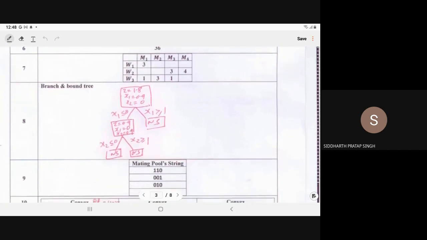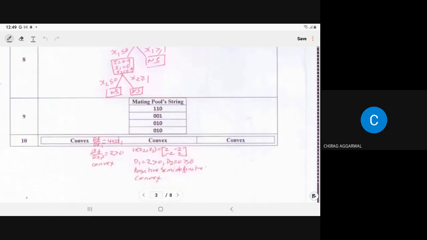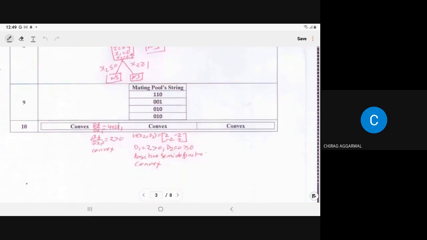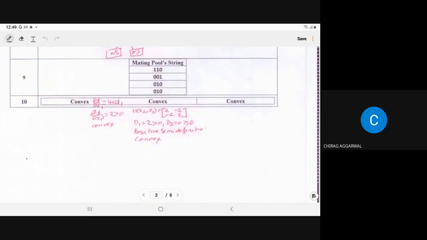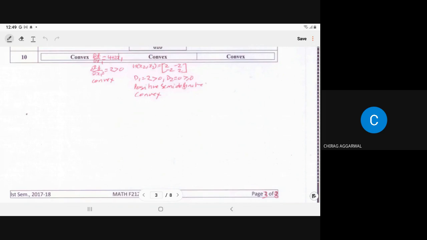Online clear? Yes, sir. You can go through the whole paper like this. Some practice questions you can get.